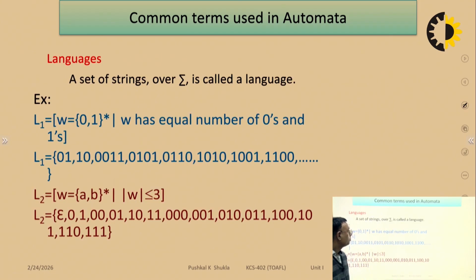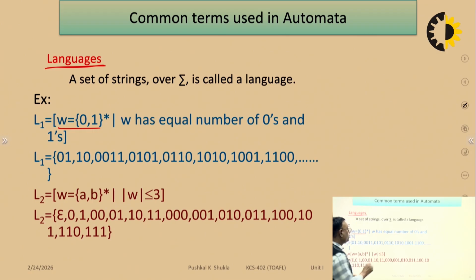Languages, very important. A set of strings over sigma is called a language. For example, L1 equal to {W in {0,1}* such that W has an equal number of zeros and ones}. Here two symbols are there, 0 and 1, and star means any combination of 0 and 1 including epsilon.